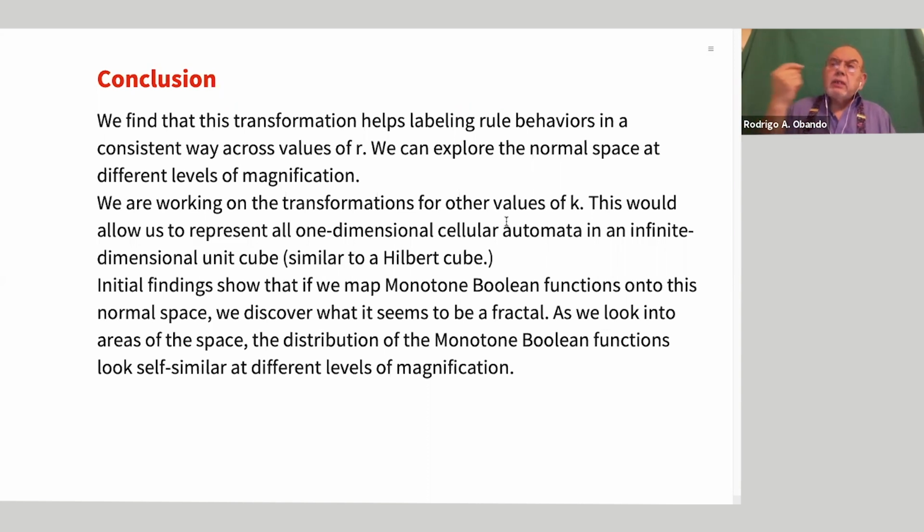So I said, what happens if I take the monotone Boolean functions, which are a particular set of Boolean functions, and put them into the normal space? What I discovered is that it actually looks like a fractal. As we started magnifying inside this particular space, I started to see the monotone Boolean functions showing up, and they show up in a very similar, self-similar way.